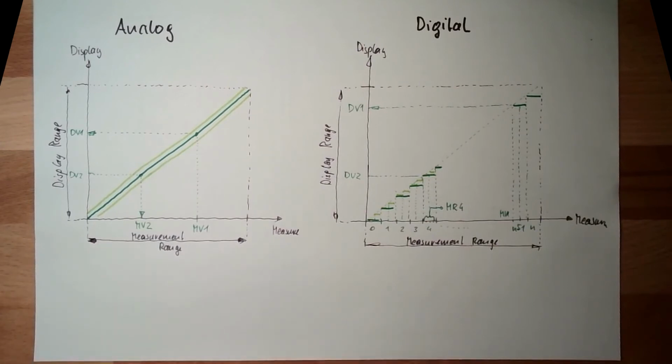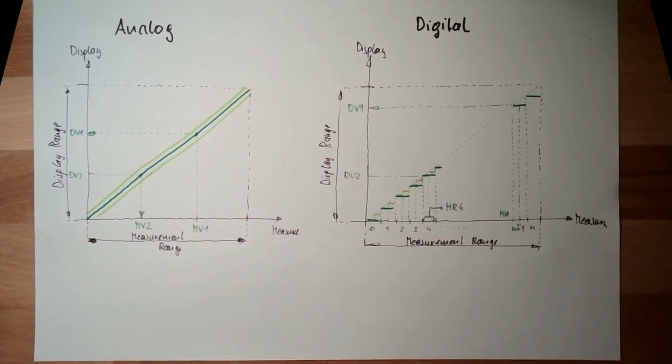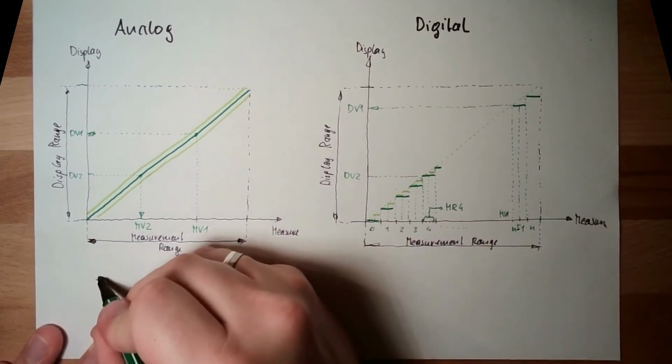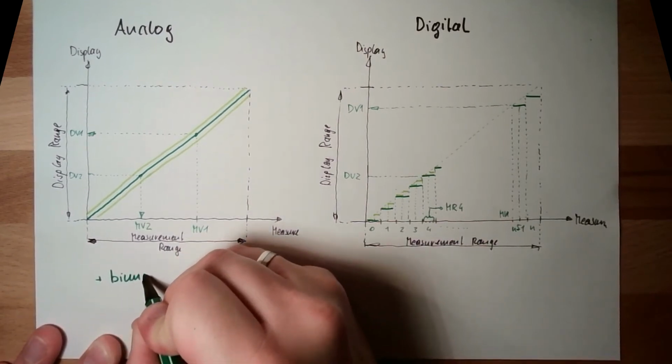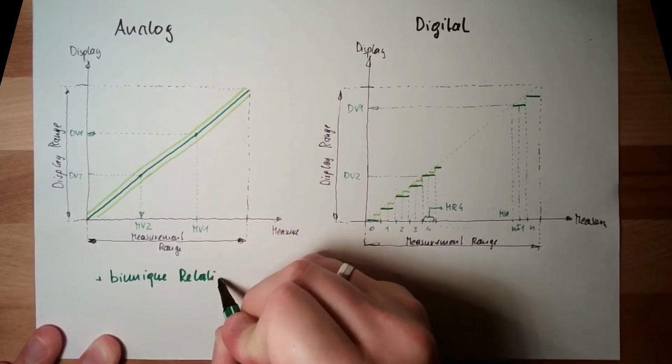If I want to narrow it down to a really fine line, then this gets really, really expensive. This is the big disadvantage of the analog thing: if you want to have it really bi-unique, then it is expensive. So the plus point here is this bi-unique relation.